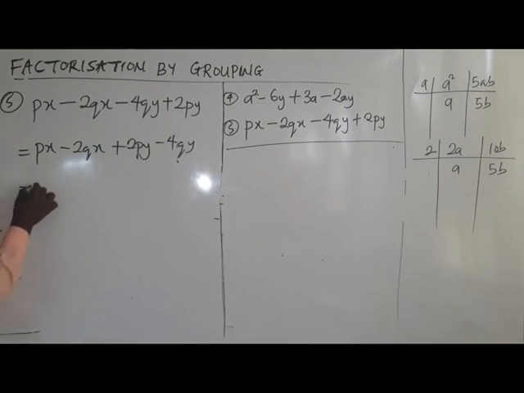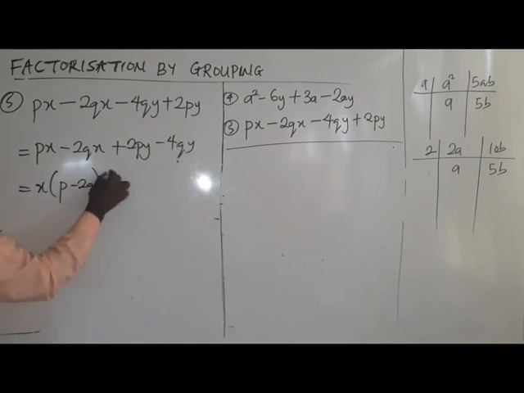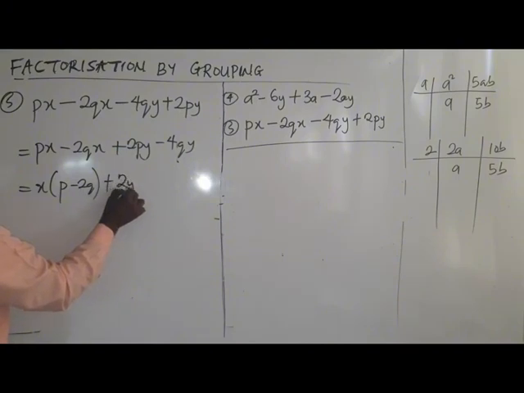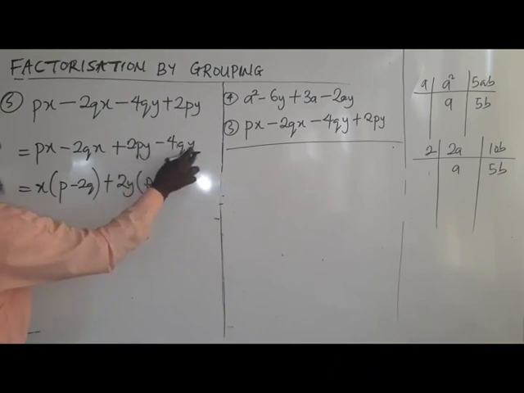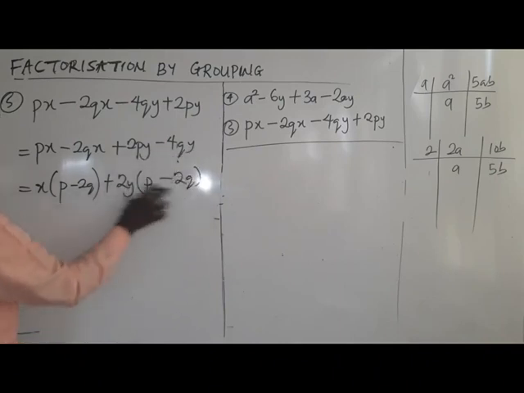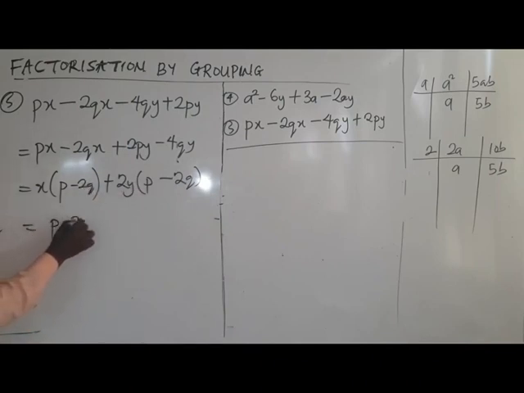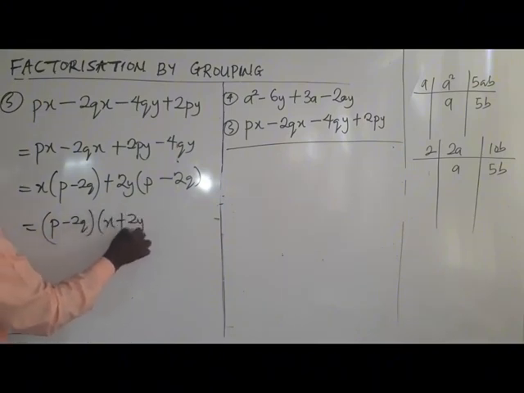So we can then say x is common, then p minus what? 2q. Close it. Plus, what is common here? 2 is common, y is also common. So 2 and y have gone, it remains p, minus, when you divide 4 by 2, you will have 2 left, y is gone, it remains q. So we have the same thing in the bracket. So that means we're going to have p minus 2q, then x plus 2y.